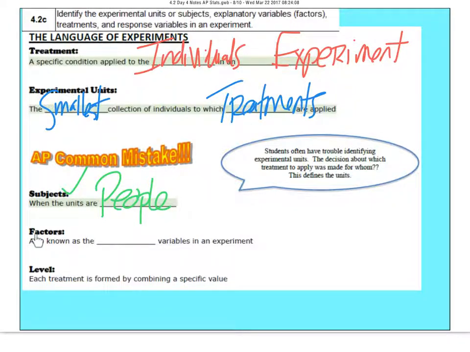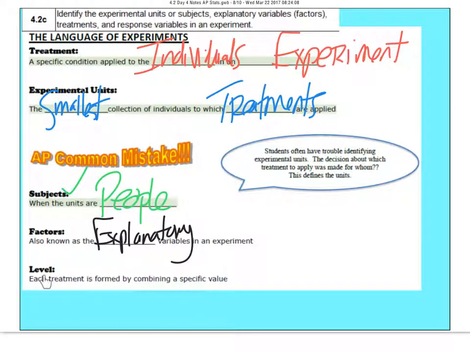Another word for the factors would be the explanatory variables within an experiment. So if we are going to use aspirin to maybe explain lowering heart disease, the aspirin is our treatment, but in this case the aspirin is the explanatory variable for heart disease, so we also can call it a factor within the experiment.